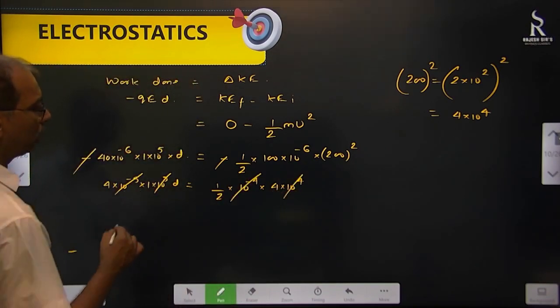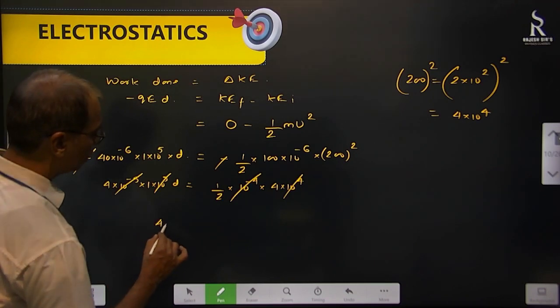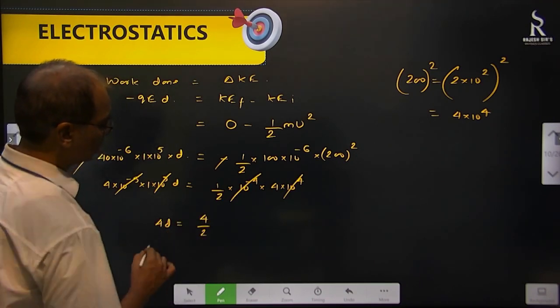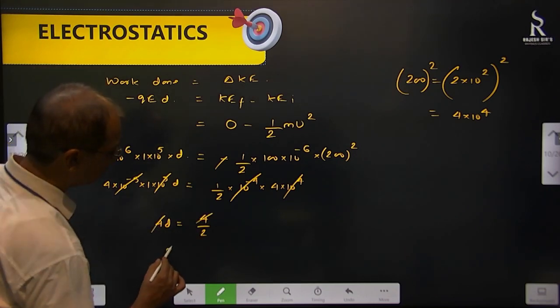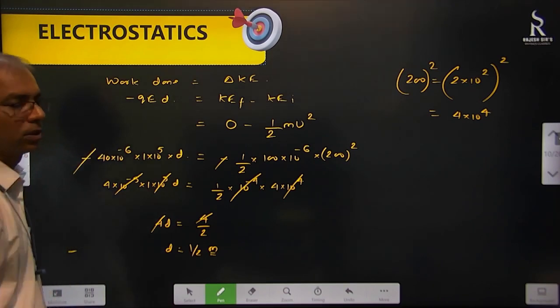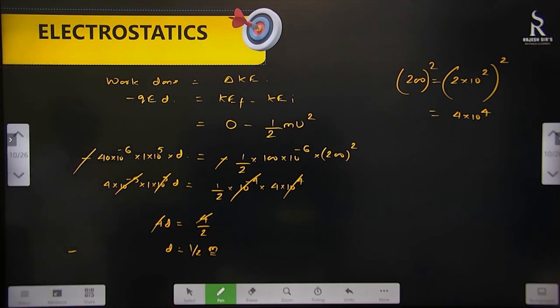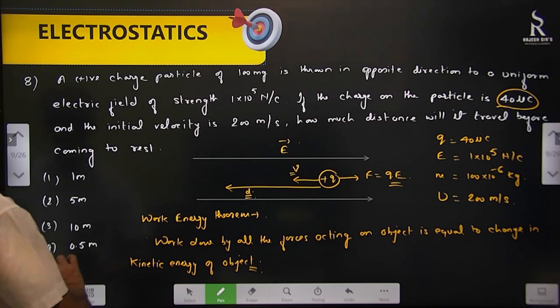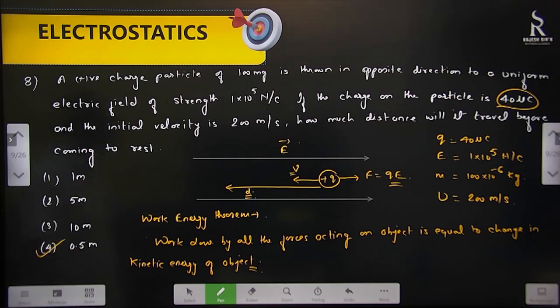What we have? 4D. So 4D equal to 4 by 2. This is cancelled. So D equal to half a meter, just 1 by 2 meter. Let's see, is there an option like that? Yes, this is our answer.